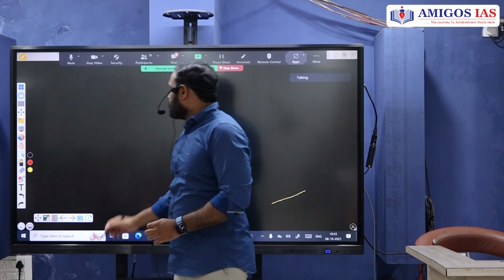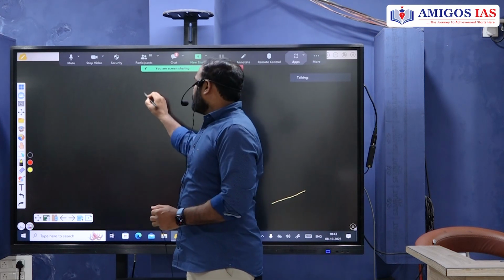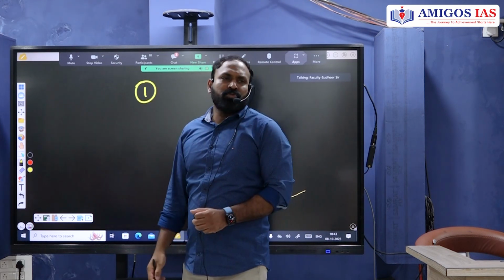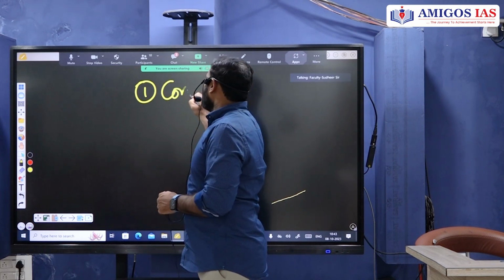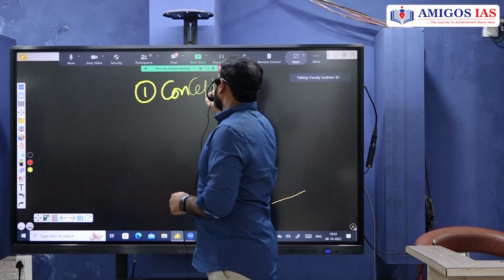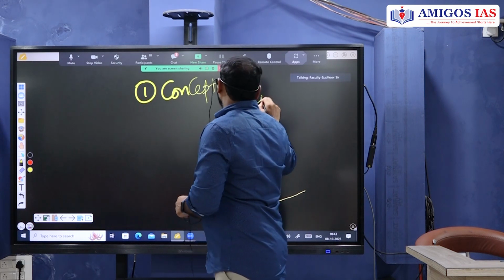Now let us begin the basics. There are 3 fundamental rules in writing a very good answer in the optional. First one is, you need to have conceptual clarity.